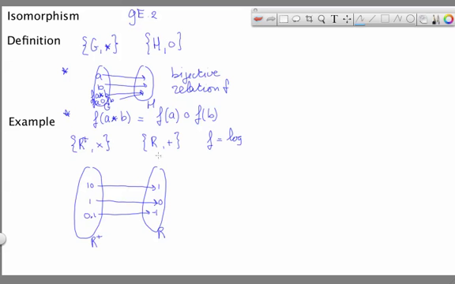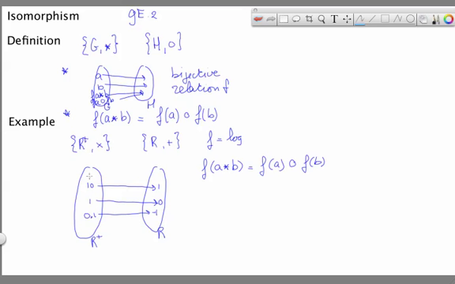Secondly, the second demand is the following. I have this function, or relation rather, and it applies to the star operator, and it must have the same result as if I apply the relation on A, circle operator, relation on B. And is that true in this case?